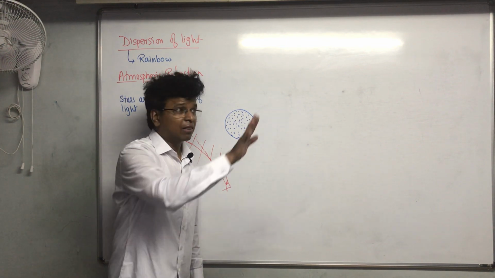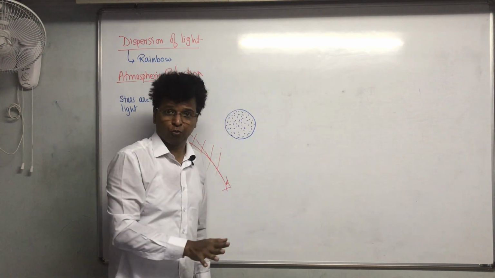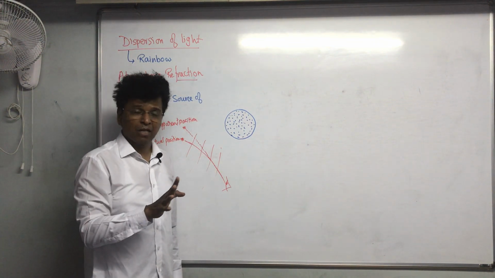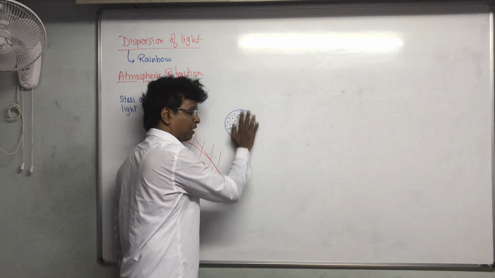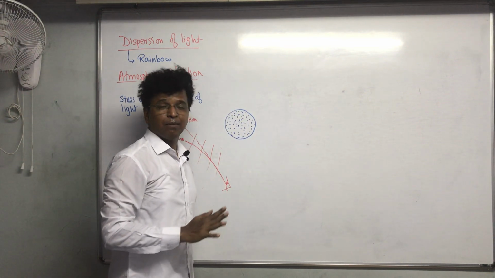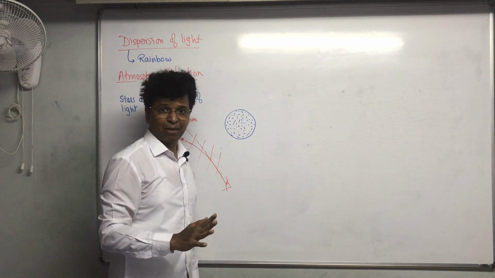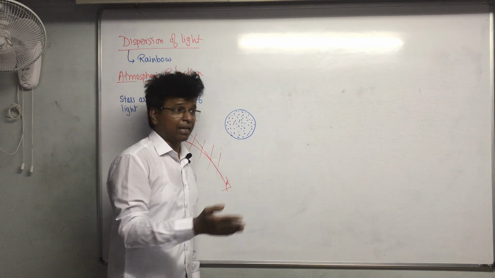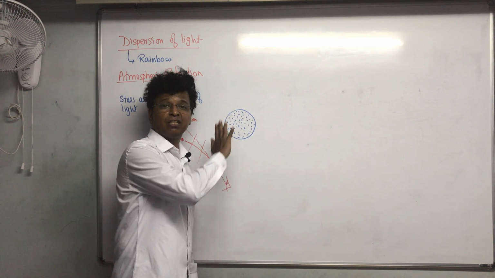But there are many point sources over there, not one point source. So the refraction that is taking place, the change in the path, the change in the intensity of the light taking place over there gets averaged.